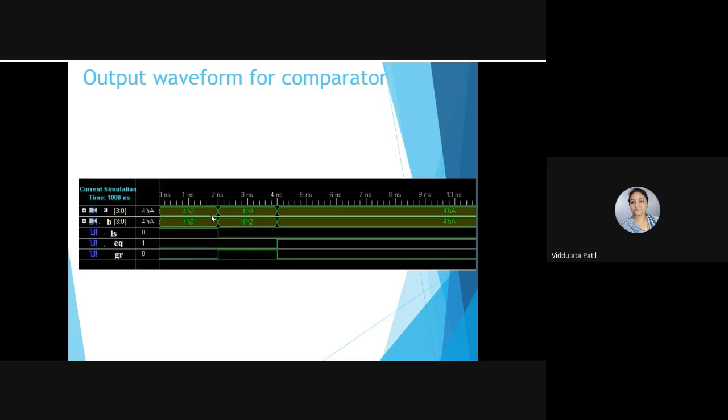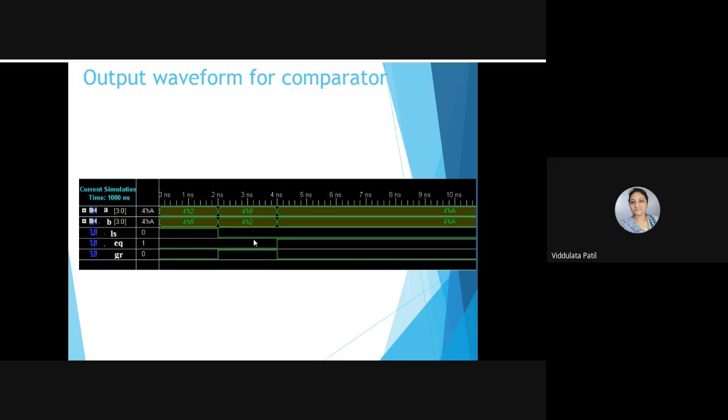Okay, after 2 nanoseconds the values will change and now A is 9, B is 2. So in that case LS is 0, EQ is 0 and GR is 1.